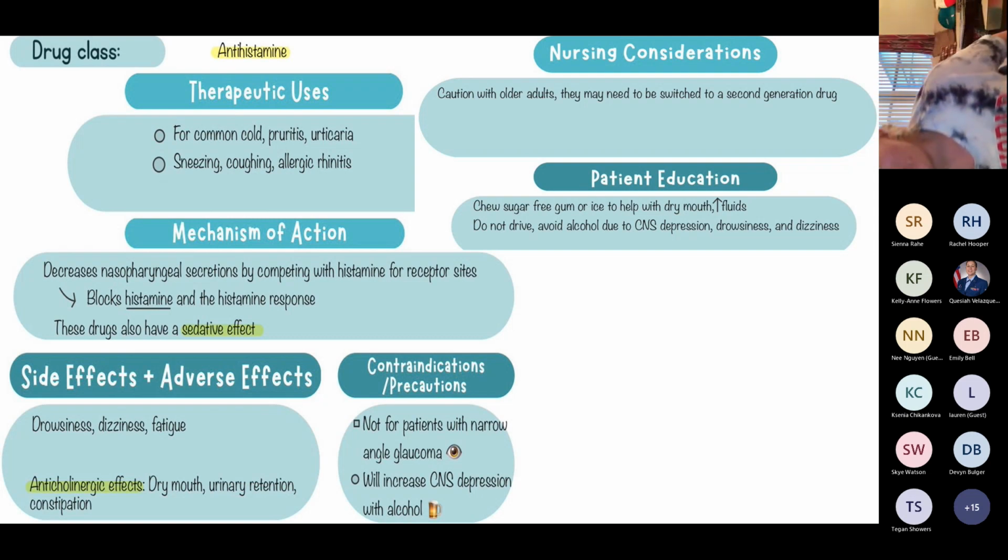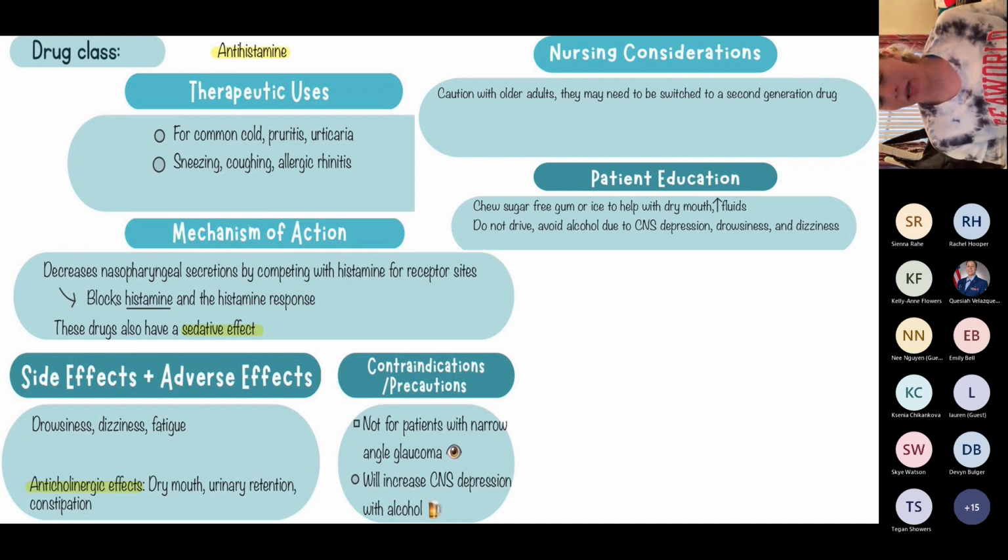Antihistamines are really good at helping reduce some swelling, helping reduce congestion, all of the sorts. But what do we need to know about antihistamines? They have a really big sedating effect. So I'm not going to operate heavy machinery on an antihistamine.